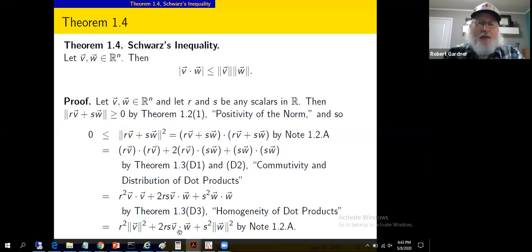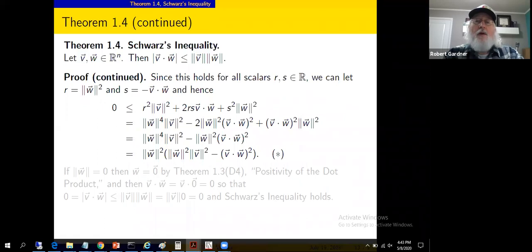We've got the dot product here, so we're looking good, except for these r's and these s's. Hey, those r's and s's, they could be anything, and this equation would still be true. That's the important idea. Holds for any scalars.